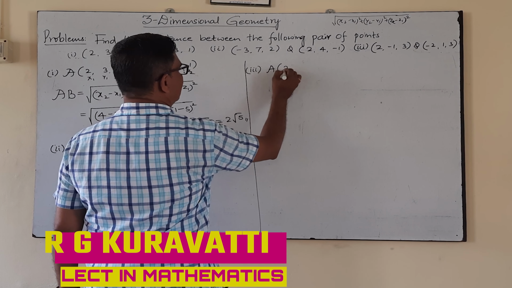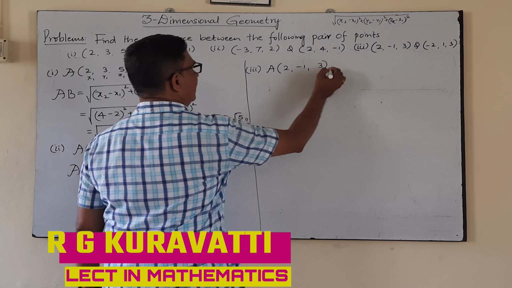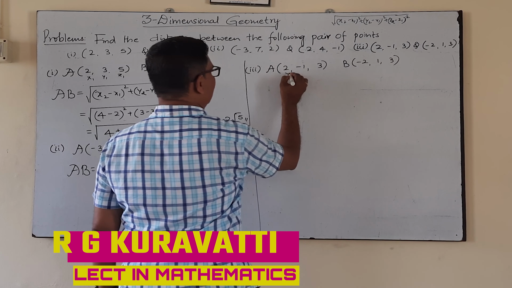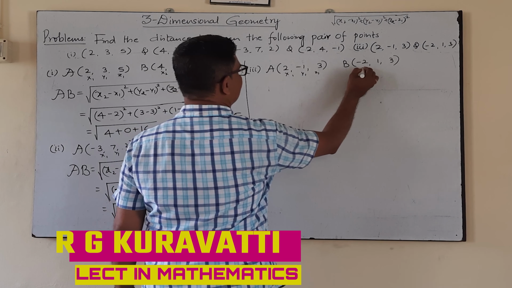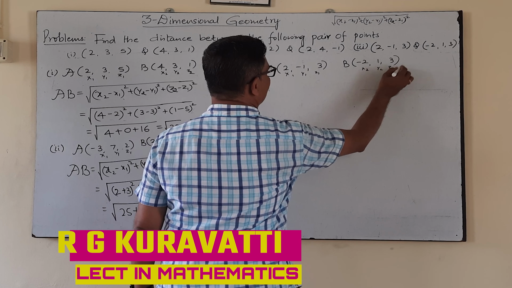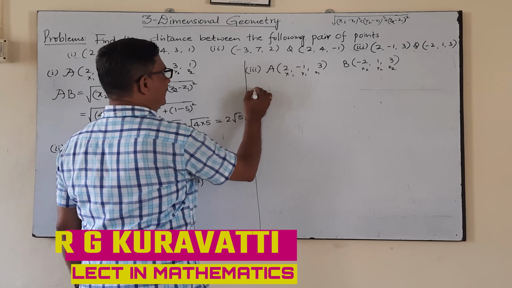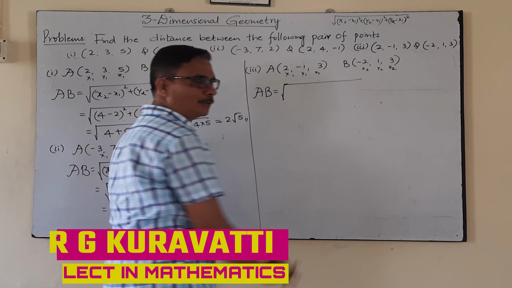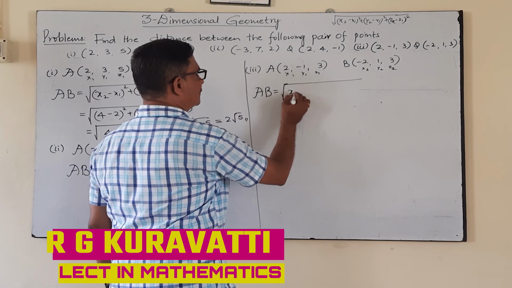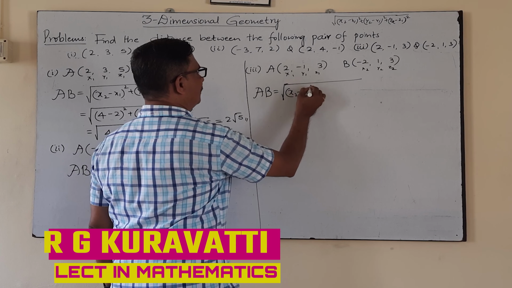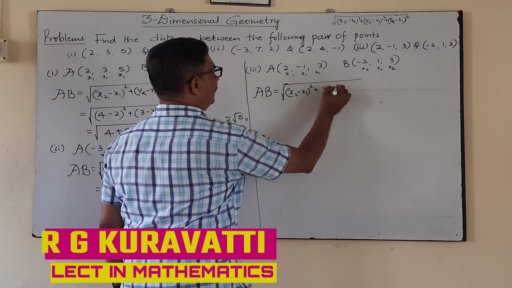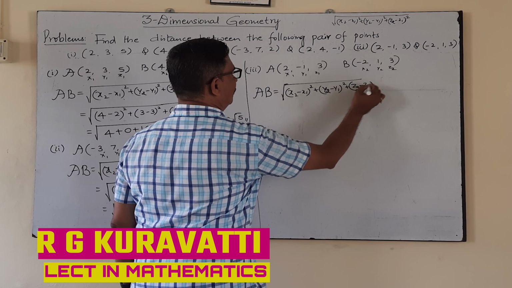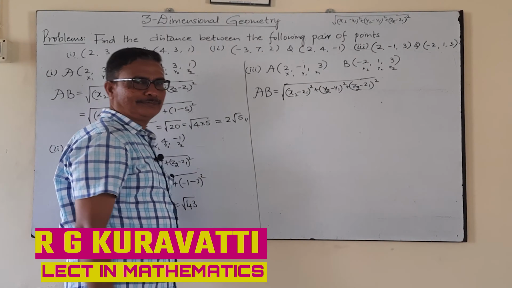A is the point (2, minus 1, 3) and B is the point (minus 2, 1, 3). Call it x1, y1, z1, x2, y2, z2. Then the distance between 2 points AB is equal to under root of (x2 minus x1) to the power of 2 plus (y2 minus y1) to the power of 2 plus (z2 minus z1) to the power of 2.